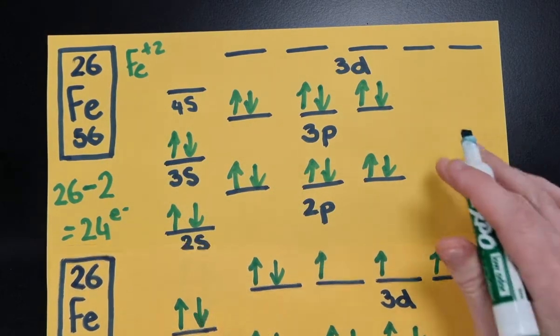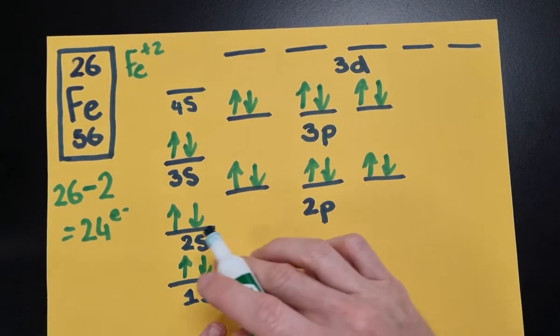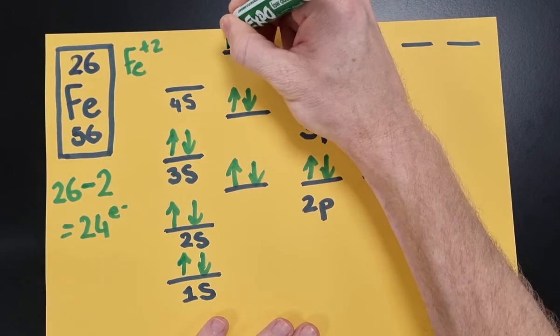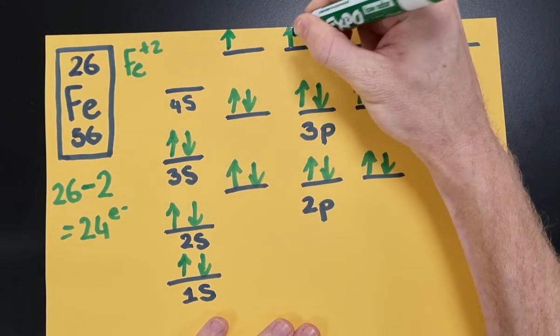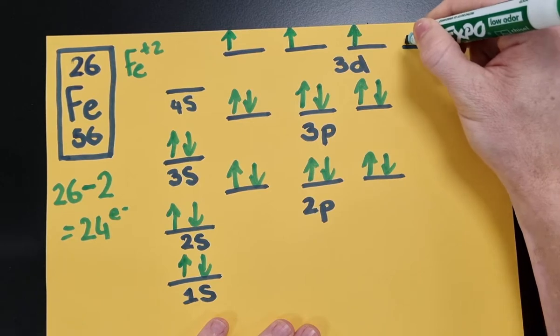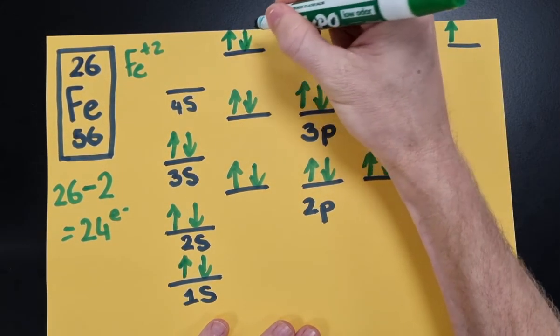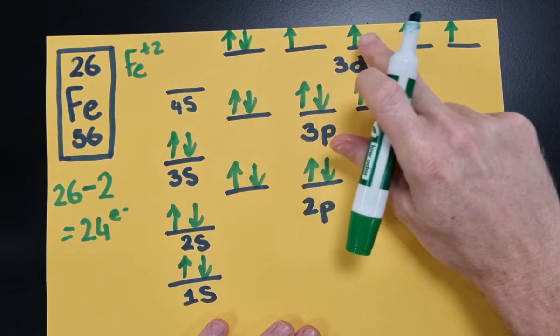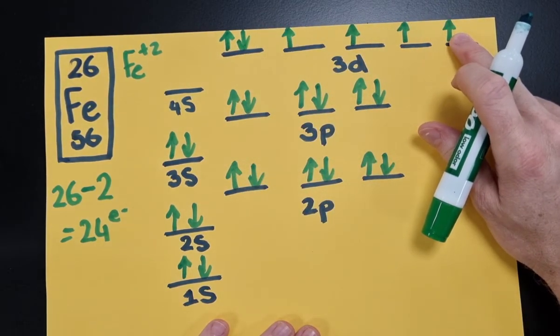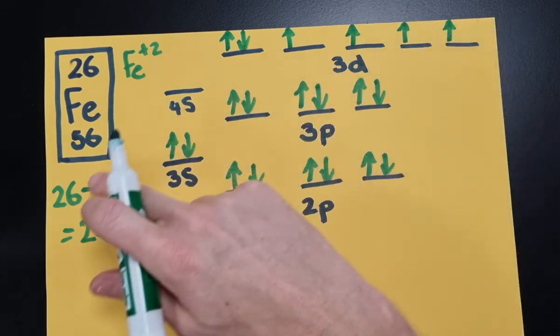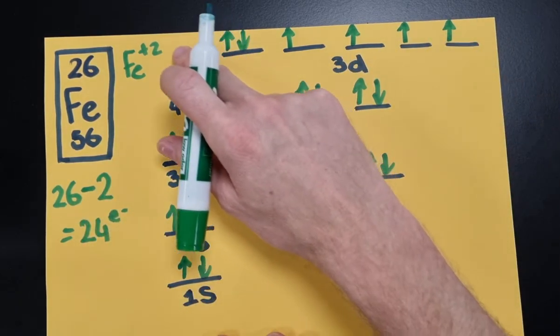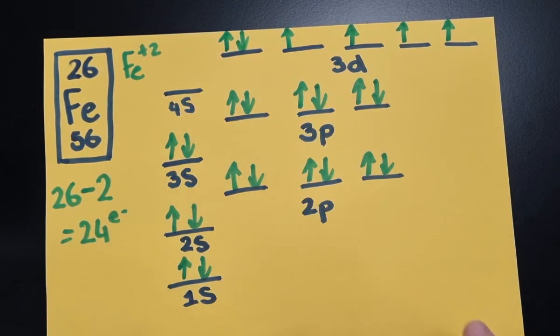So what we would progress to do in this one is, now we've only got 6 left, so we've got up, up, up, up, up, down. 1, 2, 3, 4, 5, 6. We can add those to the others to make up our 24, meaning we've got nothing in 4s.